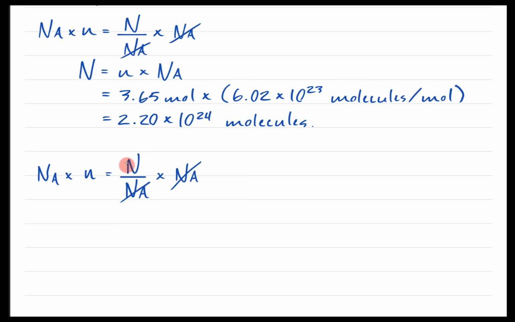And so that gets me the capital N on its own. And so if I just rewrite another line showing what capital N equals, we have capital N equals lowercase n times n sub a. Okay, so that's what's going on in the first two lines. I'm just basically solving for the number of particles.